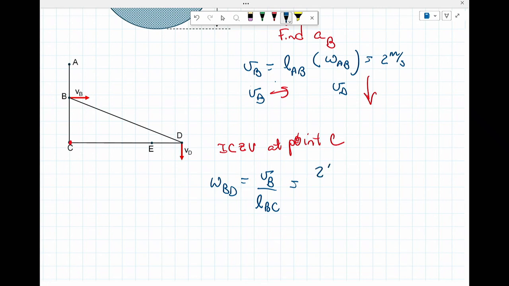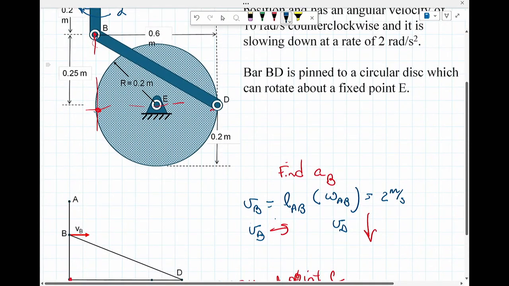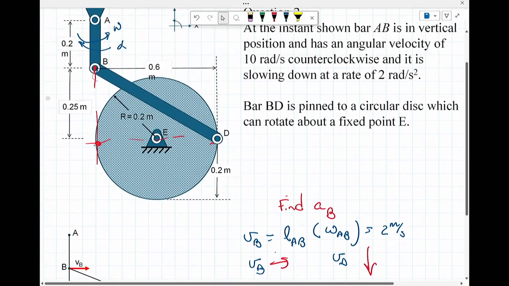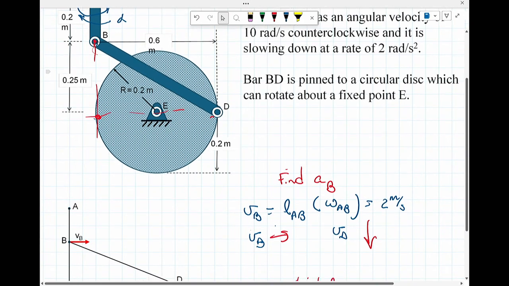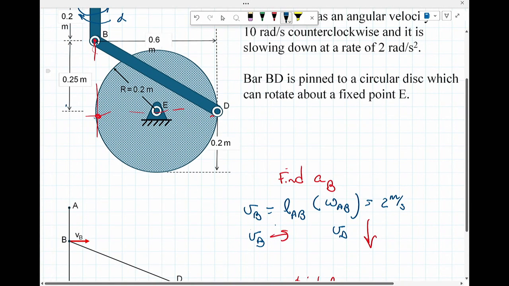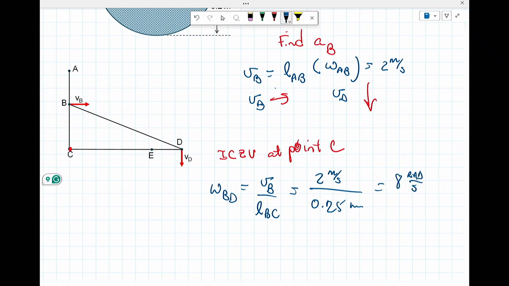Now, I know that no matter how I do this, the distance from here to here is 0.25 meters. I'm given 0.25 meters right there. And so that gives me 8 rads per second for omega BD. At this point, I know everything there is to know about this object.